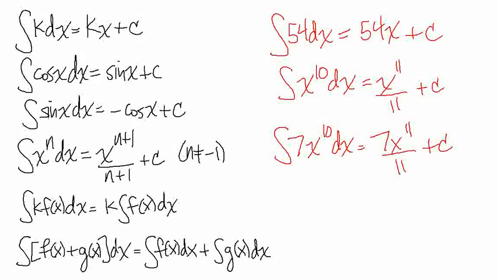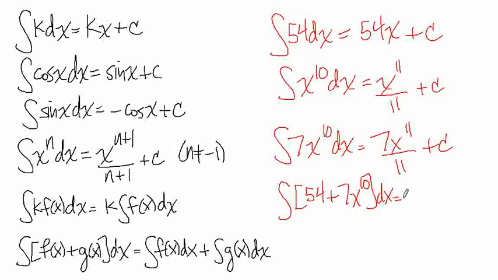Okay? And let me do an example that uses the last formula. What about the antiderivative of 54 plus 7x to the 10 with respect to x? I hope you see that I'm combining the first and third red antiderivative problems.